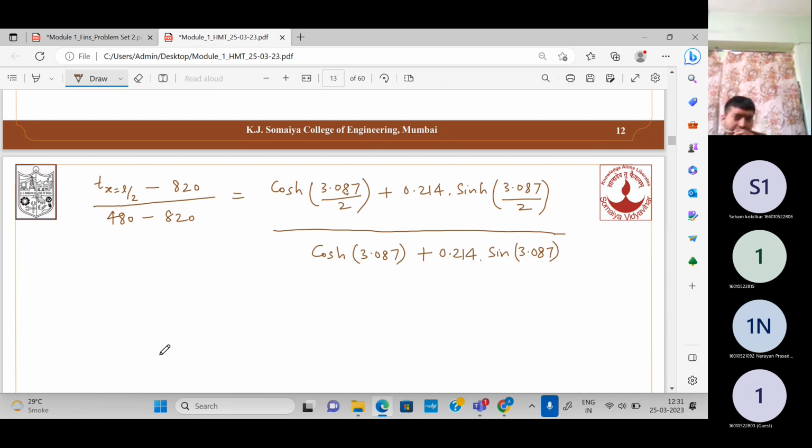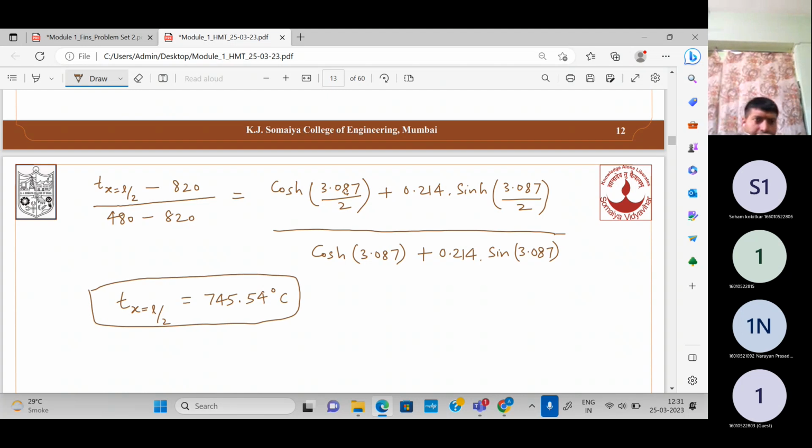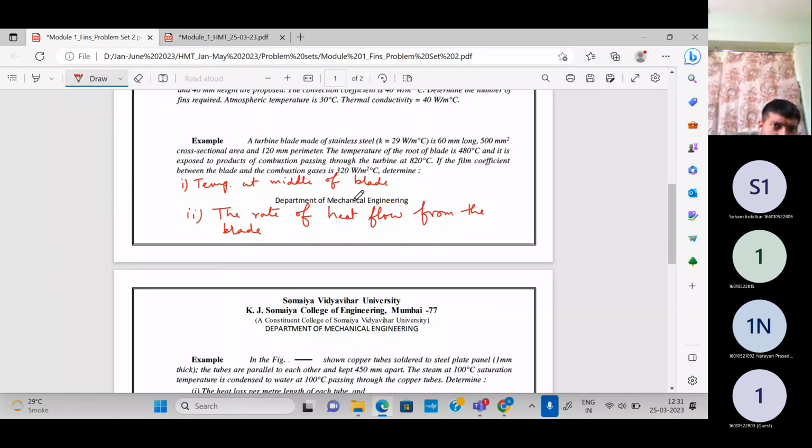The only unknown is this temperature, so we can find it. So the temperature at mid plane will be equal to, the calculated answer is 745.54 degrees Celsius. So this is the answer. This is the temperature at the middle of the blade.